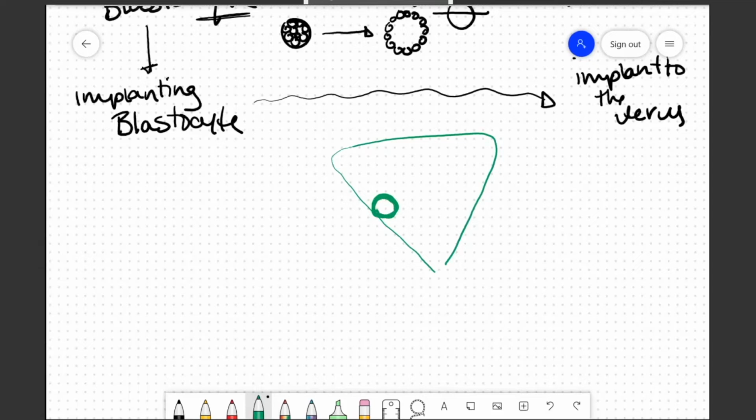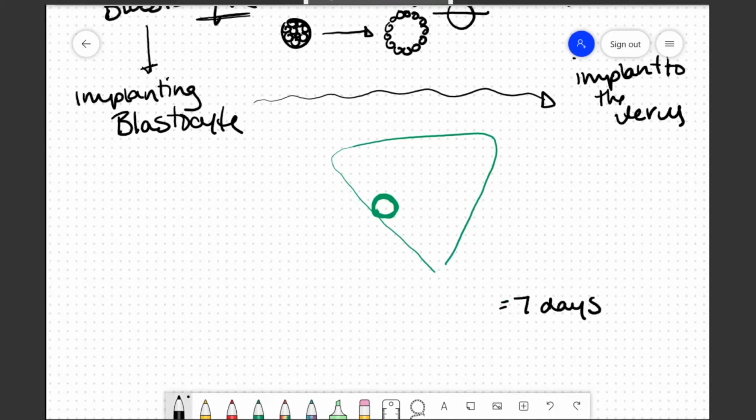This is the implanting blastocyte. What is different about this is this will actually occur at about 7 days. It'll take a little while to implant, and this begins at around 7 days.